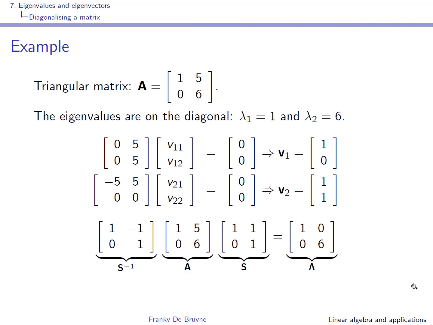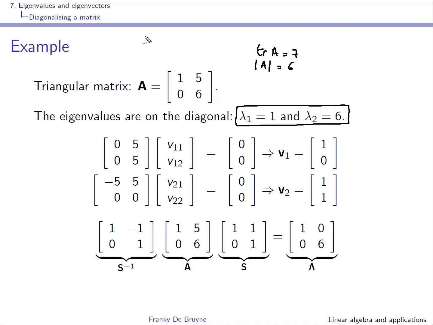Well, let's do an example with this simple triangular matrix. The trace of A is equal to 7, and the determinant of A is equal to 6. So the sum of the eigenvalues is 7 and their product is 6, so we find that lambda 1 is equal to 1 and lambda 2 is equal to 6.